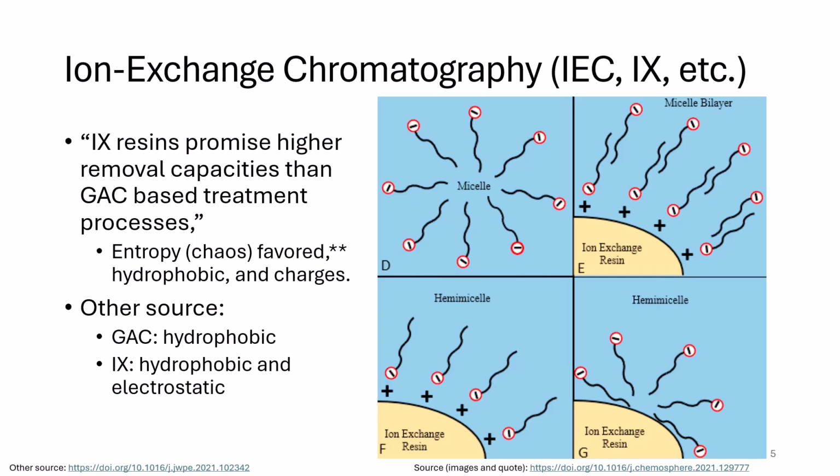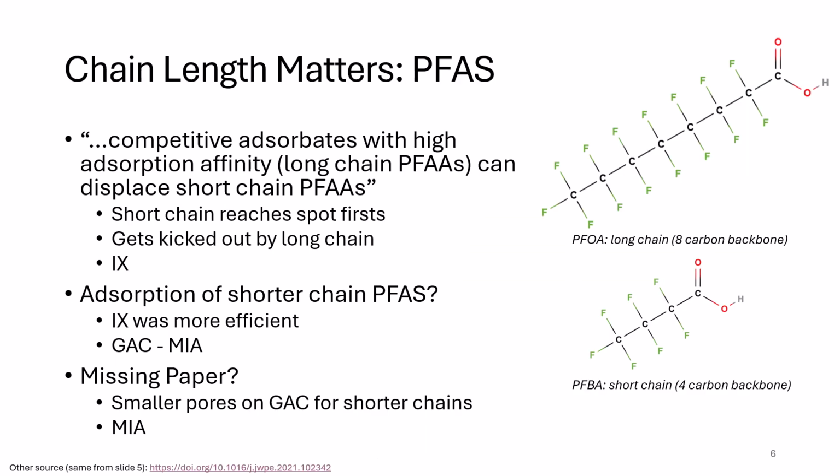But there are a few differences between ICE and GAC. For one, as we already discussed, the energetics are different. There's a small argument about that, and also the chain length.